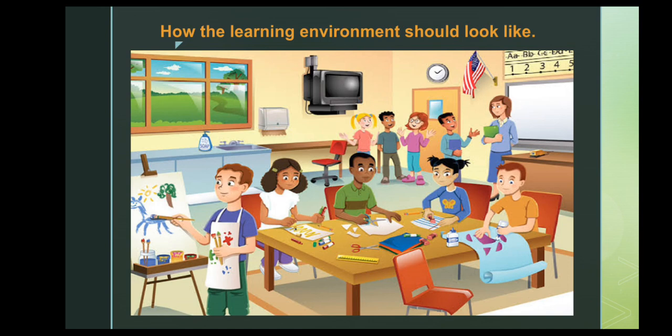As you can see in this picture, different children are doing different work based on their learning style. You can see different students doing different things, someone is painting, someone is cutting, someone is drawing. So this is a typical example of a classroom that can bring out a beautiful product after your lesson.